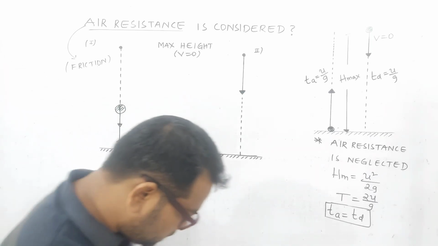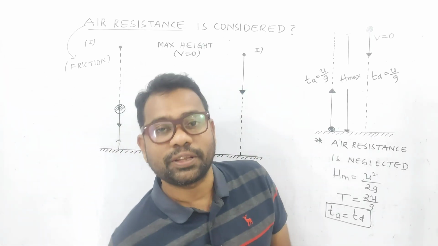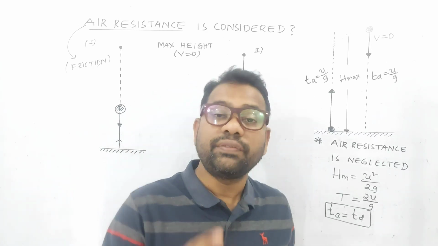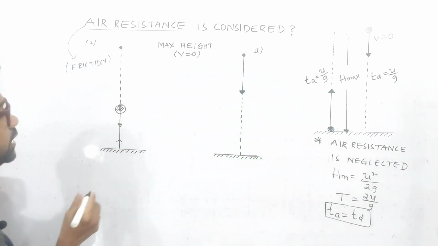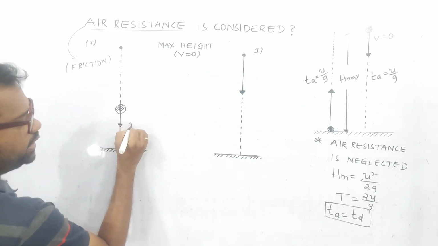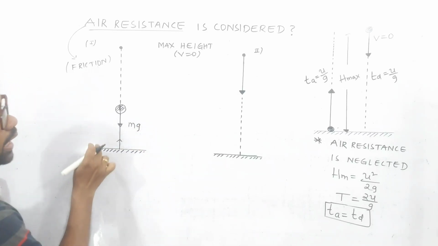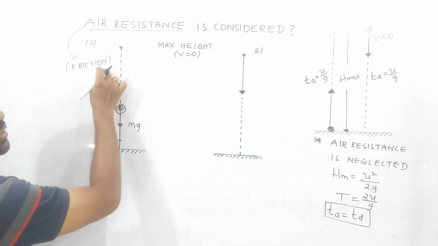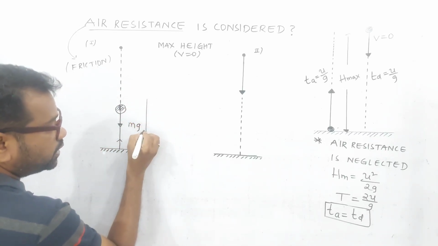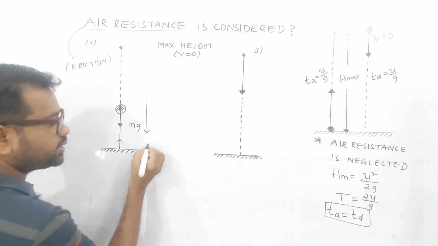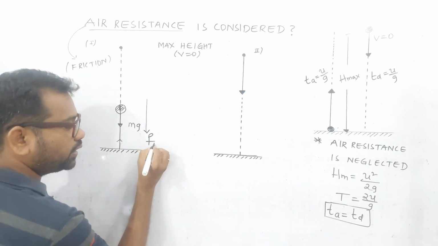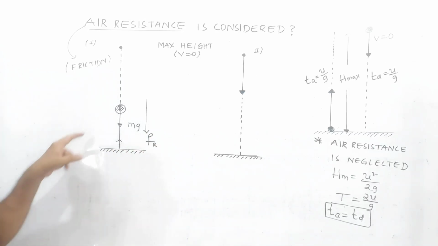But now, as we are considering air friction, there are two forces acting. Let us see the directions in which they act. Here mg, the weight, acts vertically downward, and as the body is moving vertically upward, the air friction, let us say Fr, also acts vertically downward.